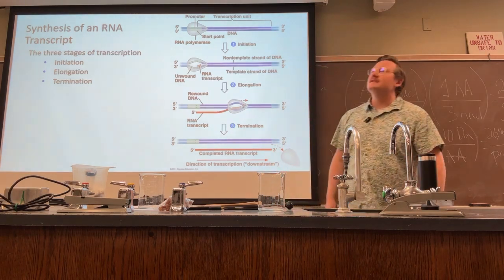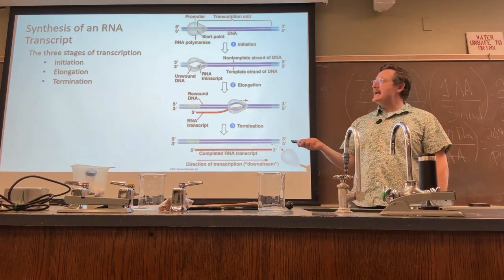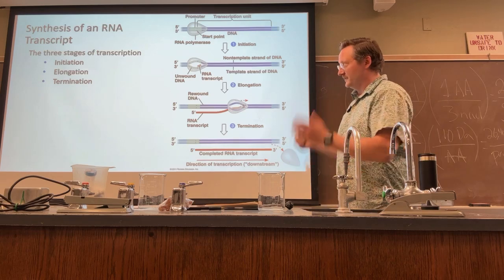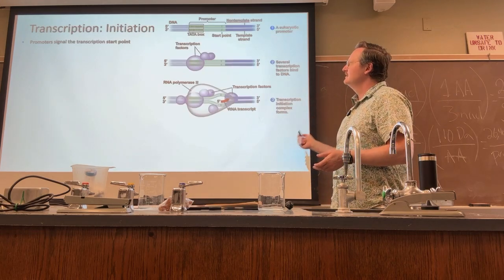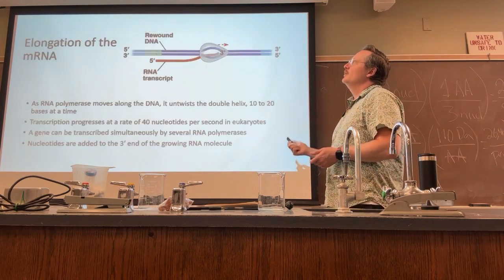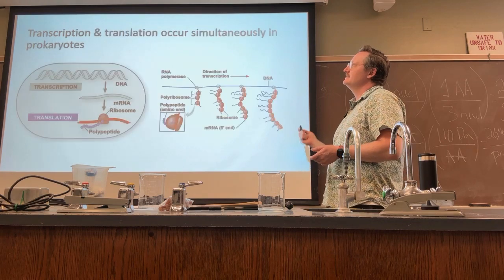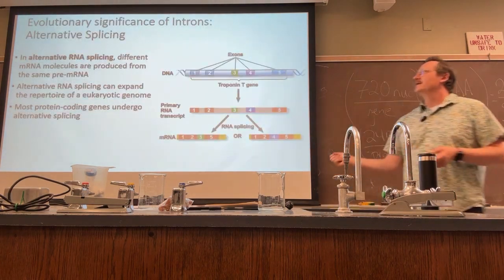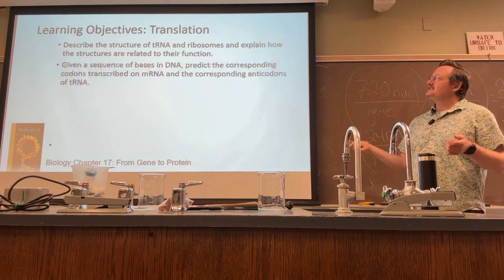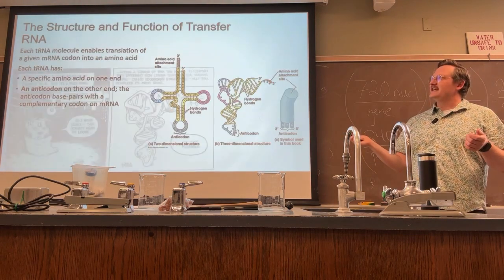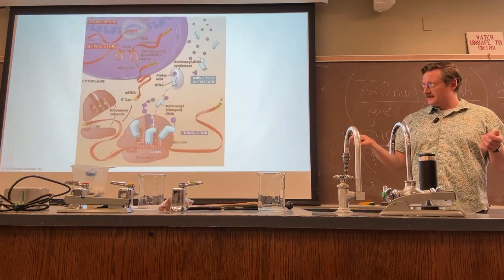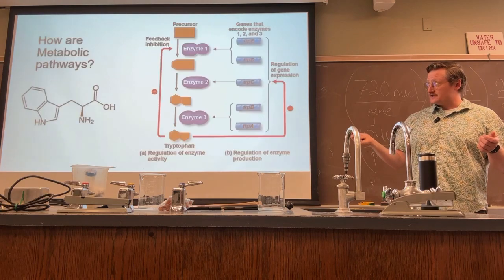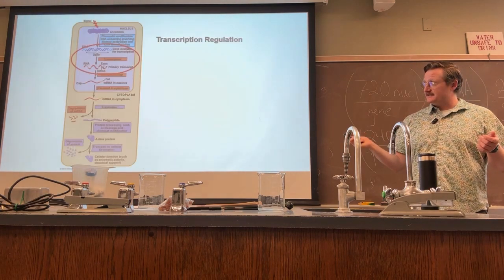But we will start here on Monday with the stages of transcription. There's some transcription factors. We'll run through initiation, elongation, termination pretty quickly. We'll talk about mRNA processing. Then we'll talk about translation very briefly. We'll get into regulation of gene expression.